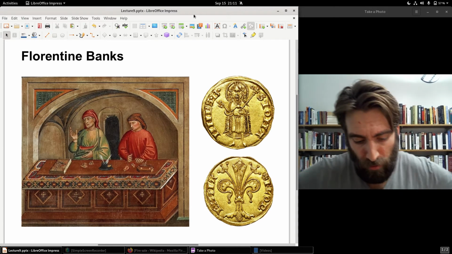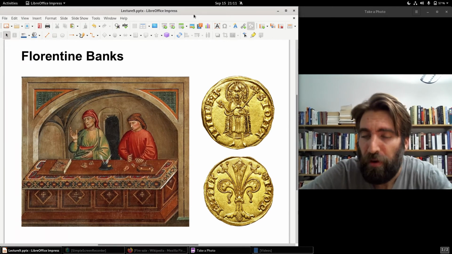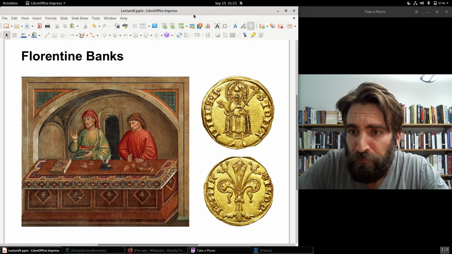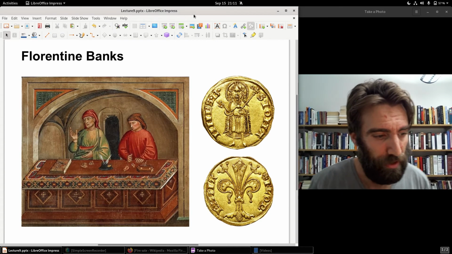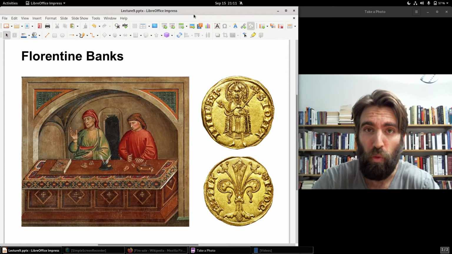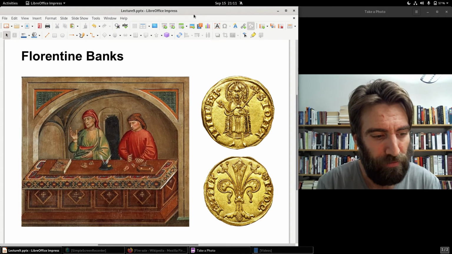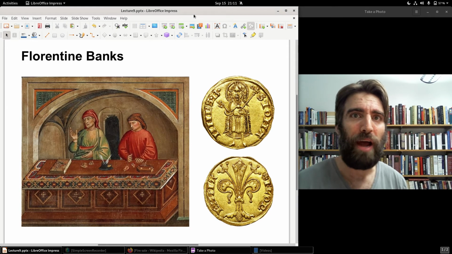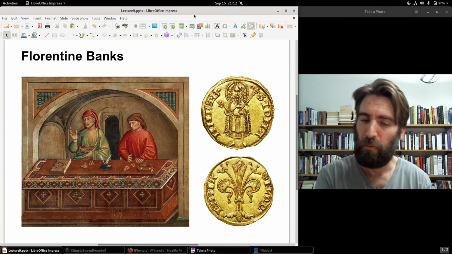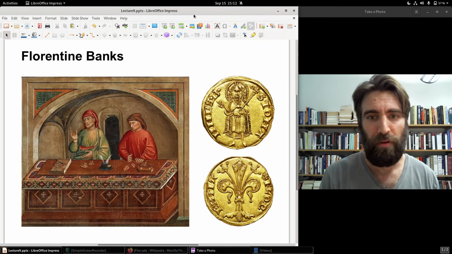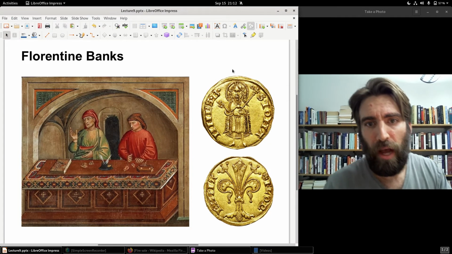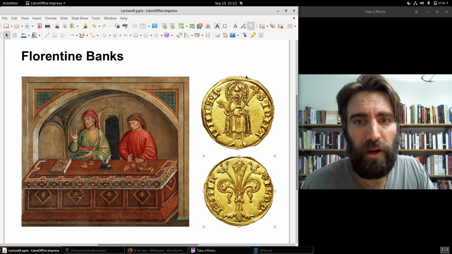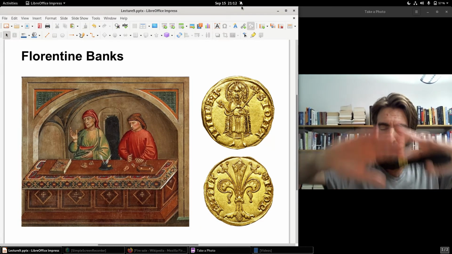So I mentioned how the first bank was in Venice, but in Florence is where banking really took off. By the 14th century, there were somewhere between 70 and 80 private banks in Florence. Some were smaller, some were very large. And as a consequence, we looked at this coin earlier, the florin, the gold coin, all throughout Europe.